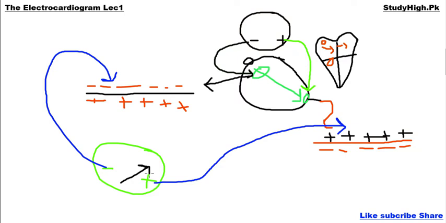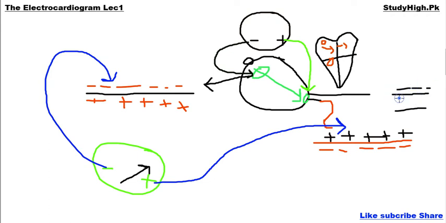So what will happen when the whole atria has been depolarized? The action potential started from the SA node, and after some time it will spread to all muscle cells of the atria. Soon after, this part of the cardiac muscle will also be depolarized, having negative outside and positive inside.